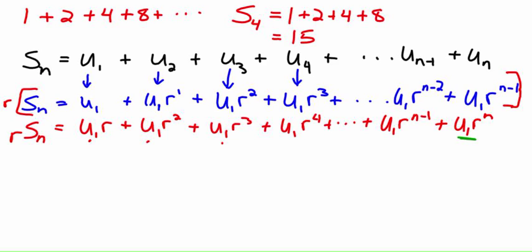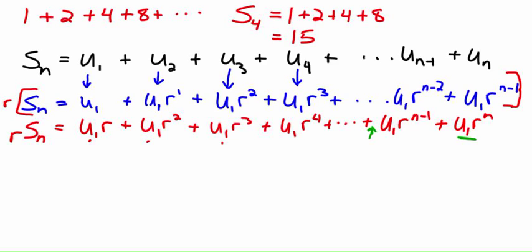That one we did not have in our blue equation anywhere. But everything else, even if we were to go down and look at what would be right in there, that would be our u of 1 r to the n minus 2. So you can see it's the exact same thing, except for we've got u of 1 times r to the nth power.